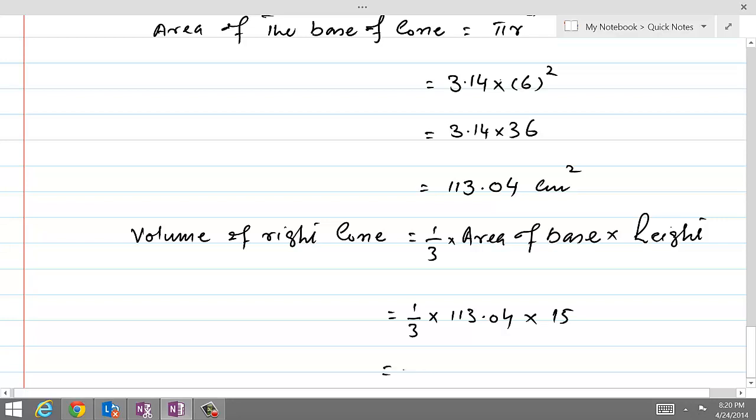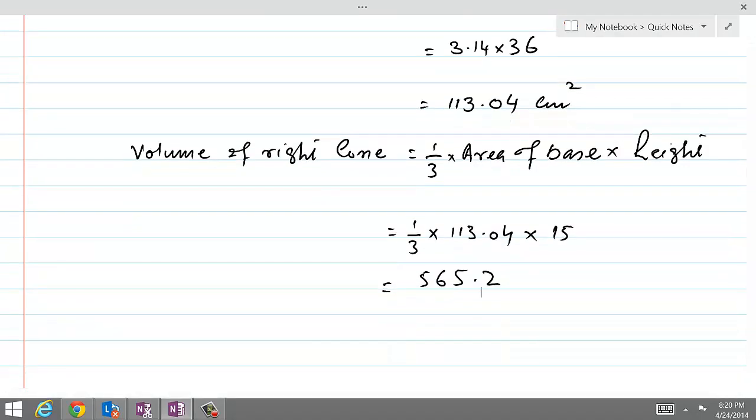This answer is 565.2. So this is equal to the volume of the right cone, and because this is volume, this must be in cubic centimeters.